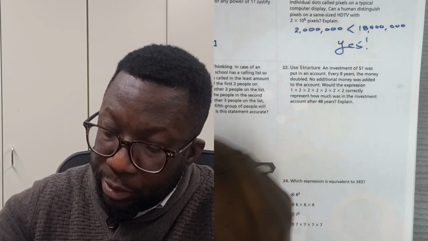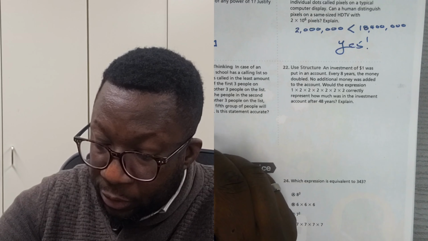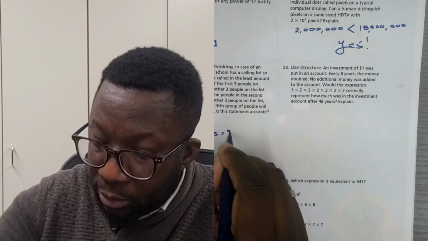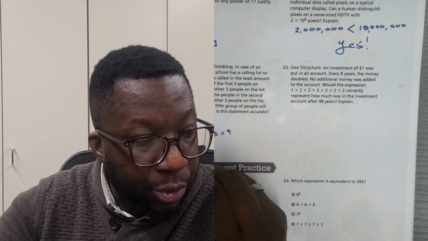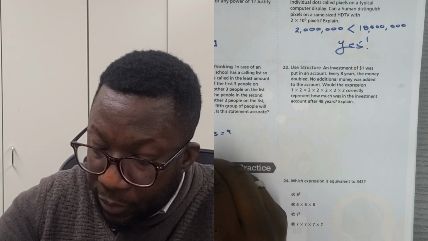So 3 to the first power is equal to 3. The second group is now calling an additional 3 people. So 3 times 3, that's equal to 9. 3 to the 5th power would be equal to 243, which is 3 times 3 times 3 times 3 times 3. So yes, this statement is accurate.